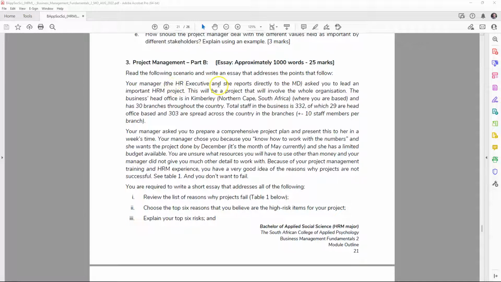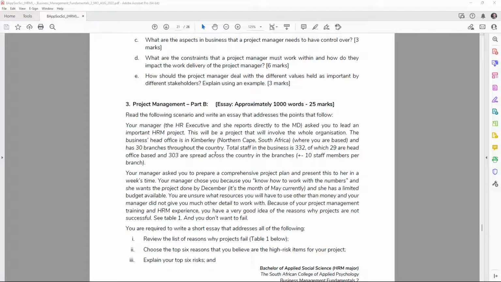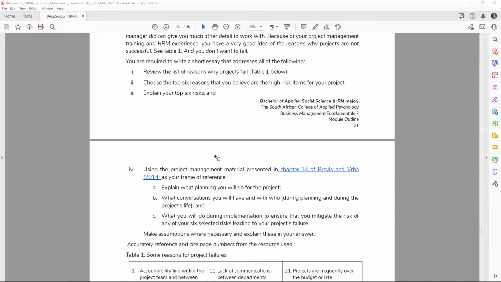So your HR executive is of course your main stakeholder here, and you'll use language in what you write up as to who the sponsor of this project is, which is someone that will be key in your project. So explain your risks, and then what conversations you will have and with whom during planning and during the project's life.